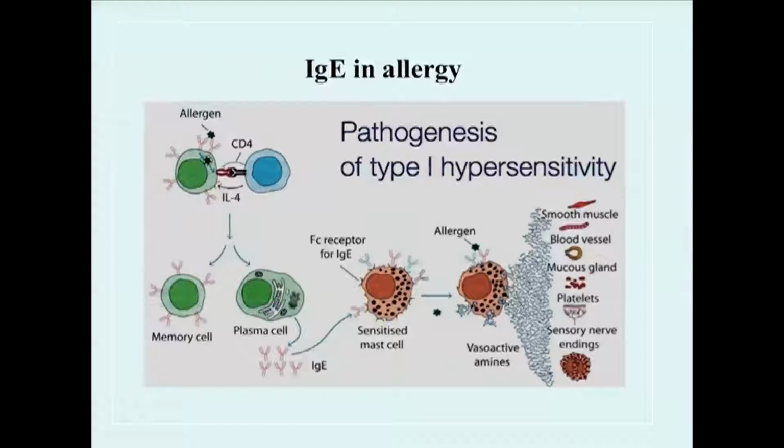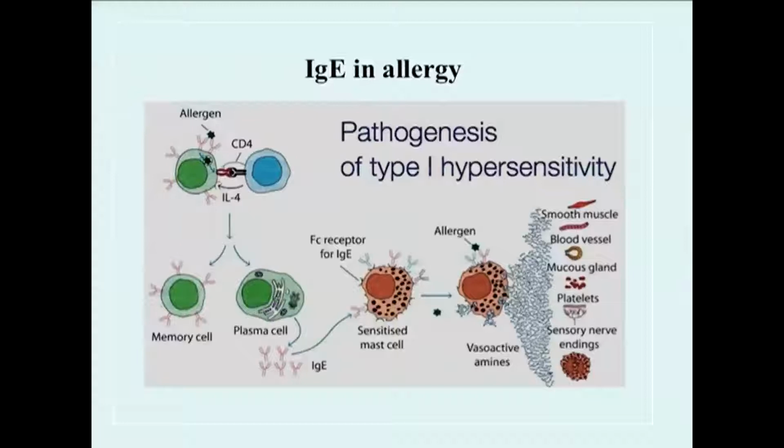Once the IgE isotype is generated, these molecules will bind to the mast cell and basophil surface. Mast cells and basophils have receptors for the Fc region of IgE molecules. So the IgE released will bind to the receptors present on the basophil and mast cell surfaces.